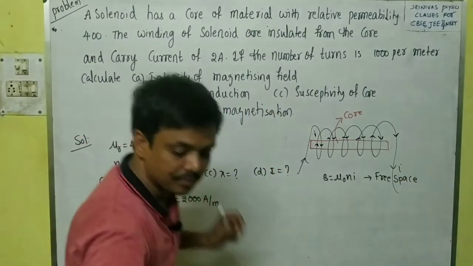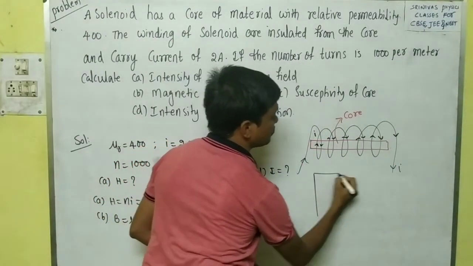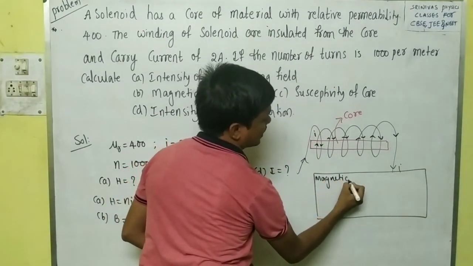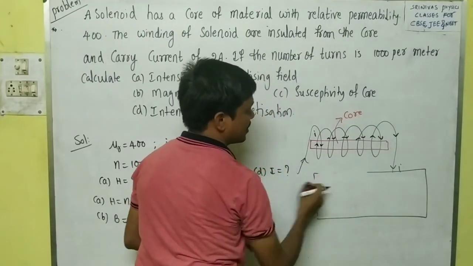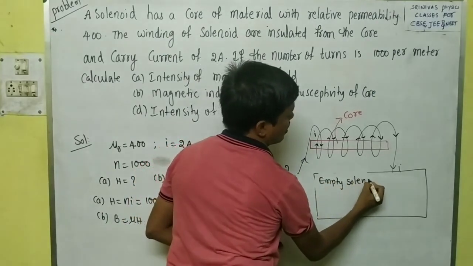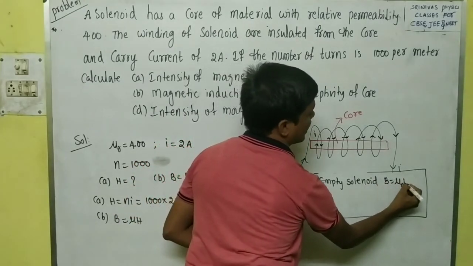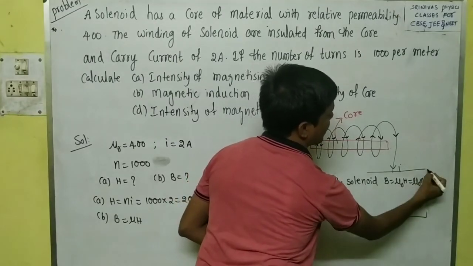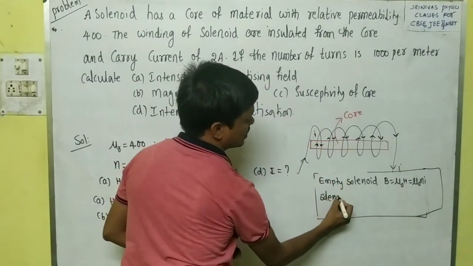With an empty solenoid, the magnetic induction is mu naught H or mu naught n i.